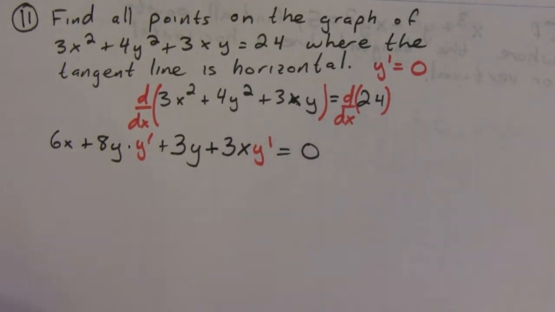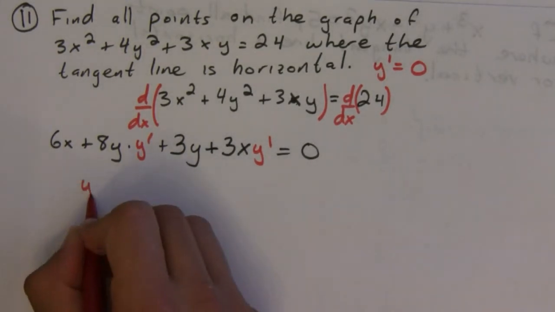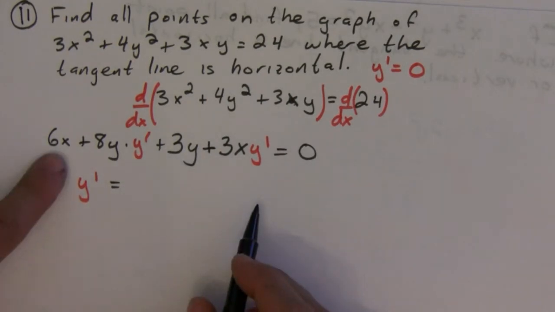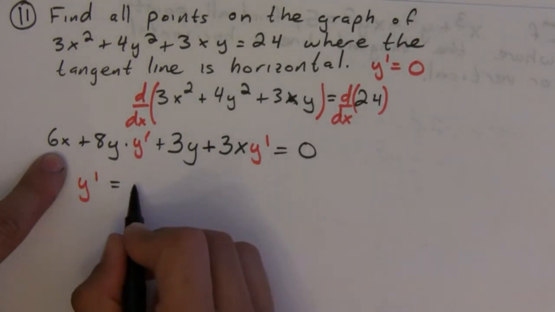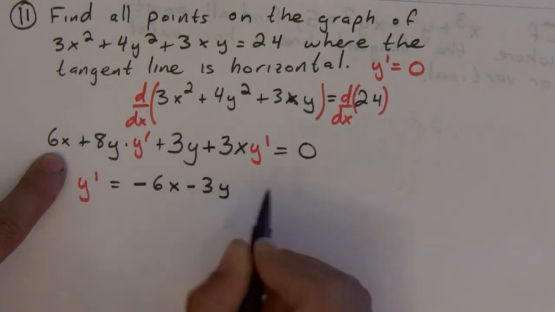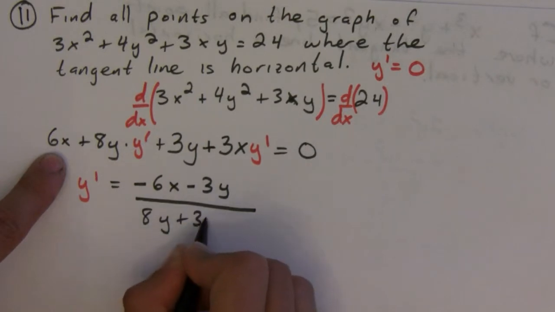And this is equal to 0. Okay, so now if we solve for y prime, if I move the 6x and the 3y over, y prime would be minus 6x minus 3y over 8y plus 3x.